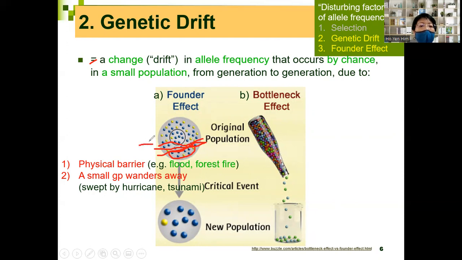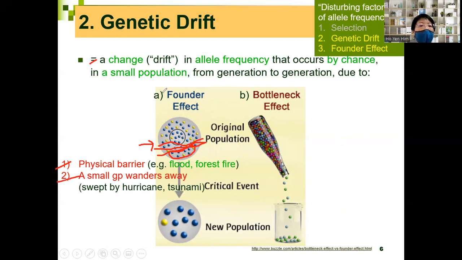If you have a fire that starts and cuts across this whole forest, then it's separating between these two already. So a natural catastrophe leading to a physical barrier and causing the small group to wander away from the original population. They have to be separated from the original population. They go to a new place.